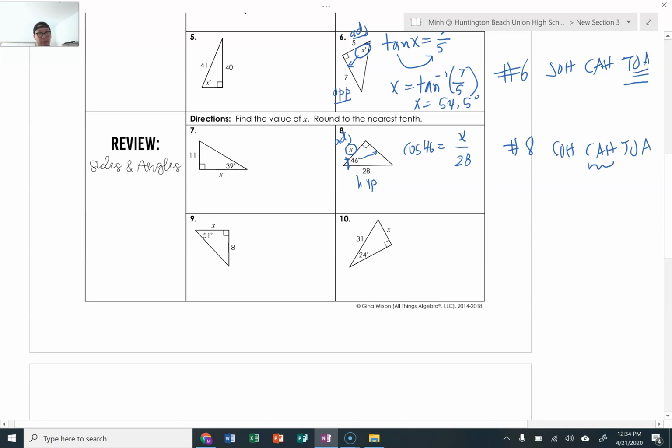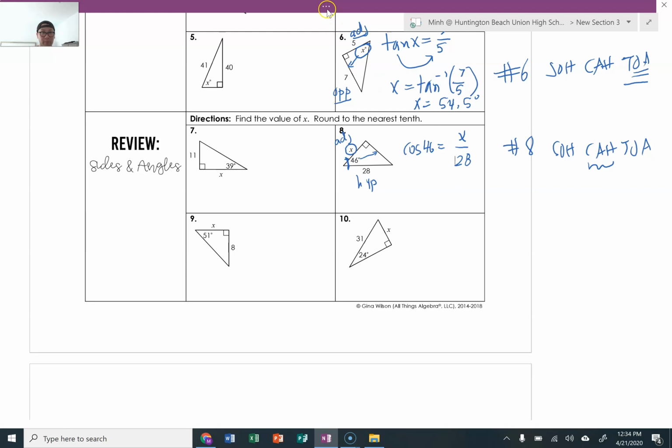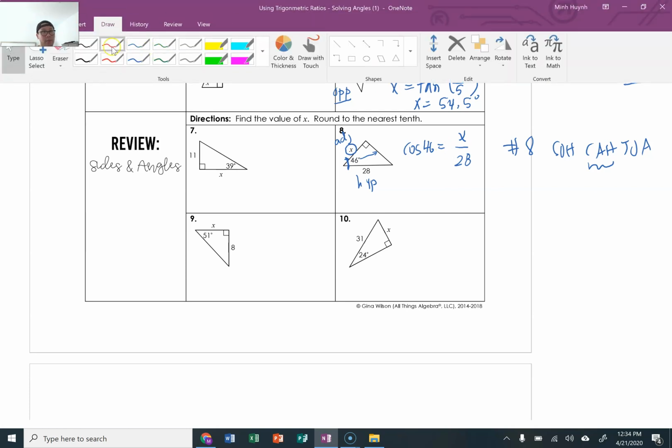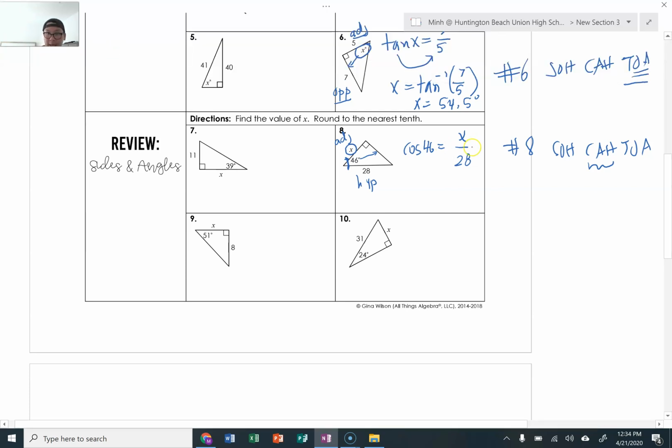And if you remember from the previous lesson, if there is a number in the denominator, you're going to multiply it by 28 on both sides. These cross out, leaving x is equal to 28 cosine 46.